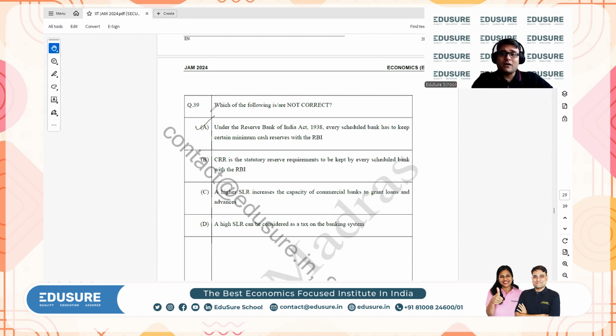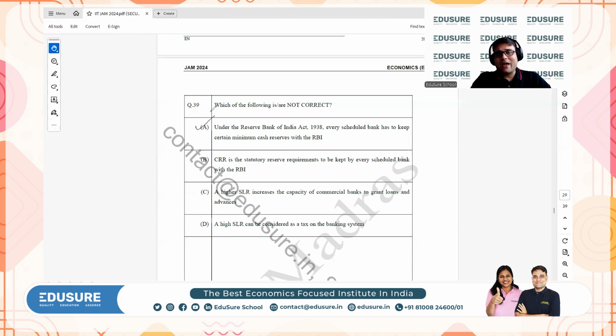A higher statutory liquidity ratio, that is SLR, reduces the capacity of banks to lend because it locks up more of the resources in approved securities or cash. So a high SLR would actually lead to less granting of loans and advances.